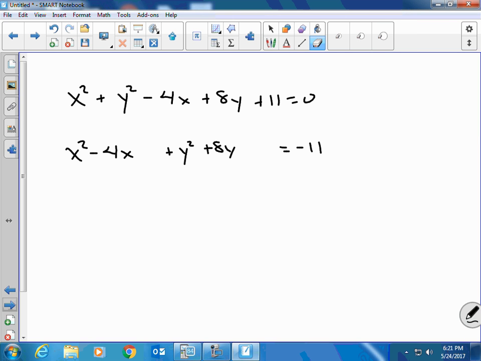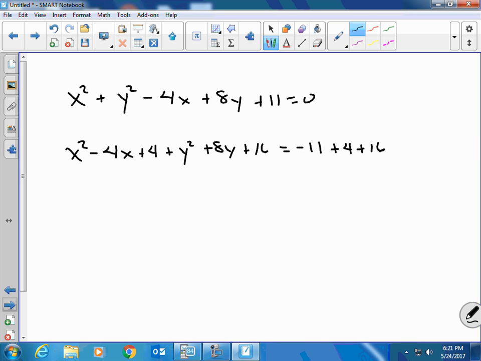So, what do I have to add? Remember my rule. I take the coefficient of x, divide it by 2, and square it. I take the coefficient of y, divide it by 2, and square it. Now, what I do to the left-hand side, I have to do to the right-hand side to balance the equation out. So I added 4, and I added 16, so I have to add that to the right-hand side.